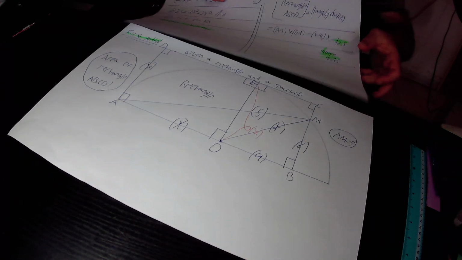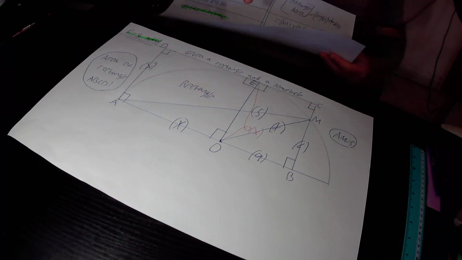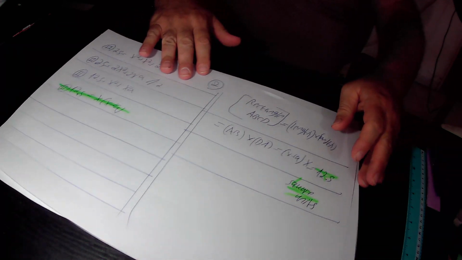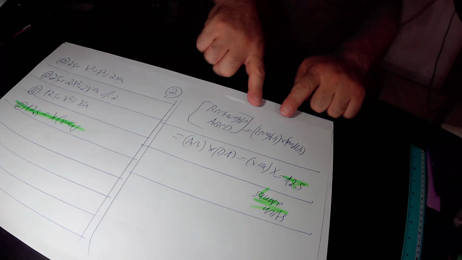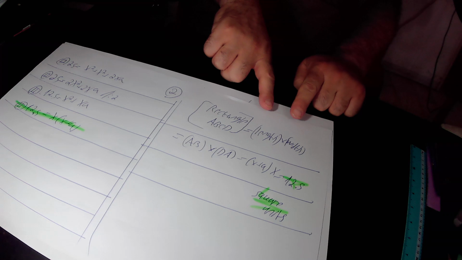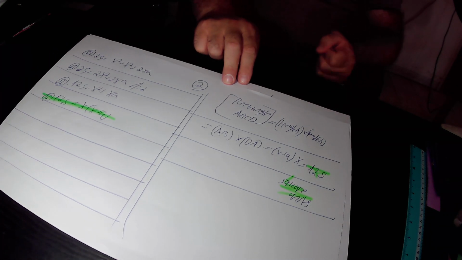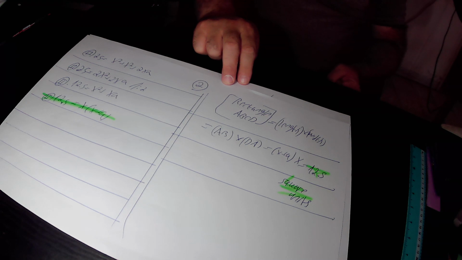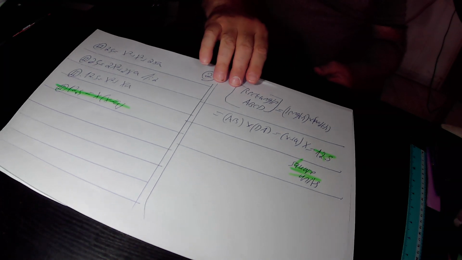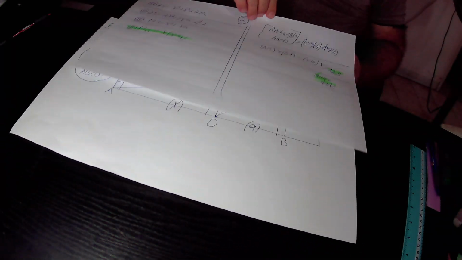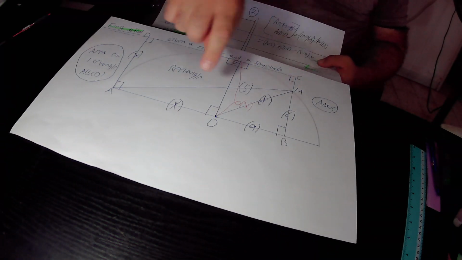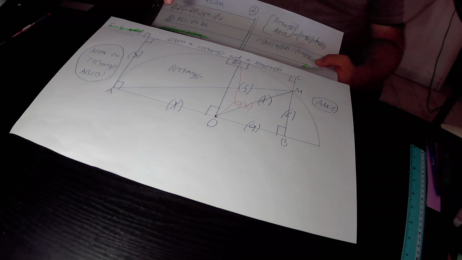Our mission is to find out the area of this rectangle ABCD. We know that the area of any rectangle equals the length of the rectangle times the width. The length of this rectangle ABCD is AB, and the width is DA.